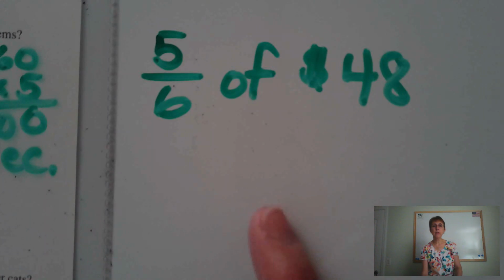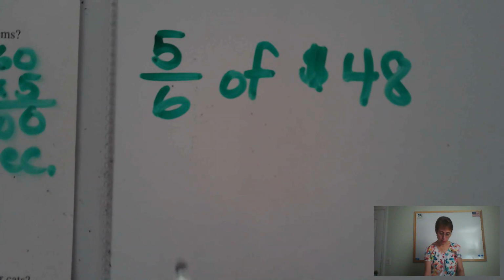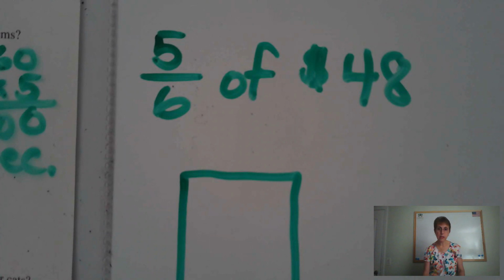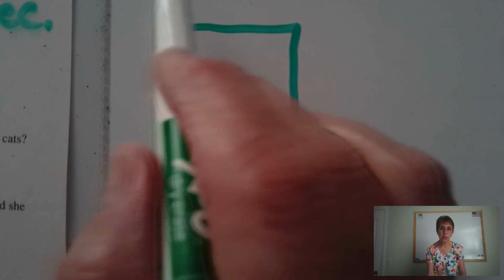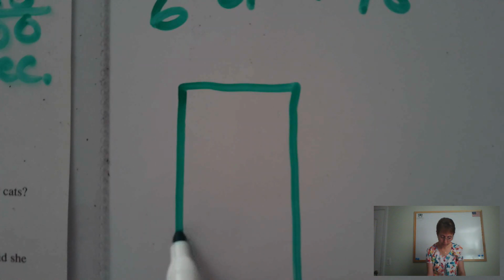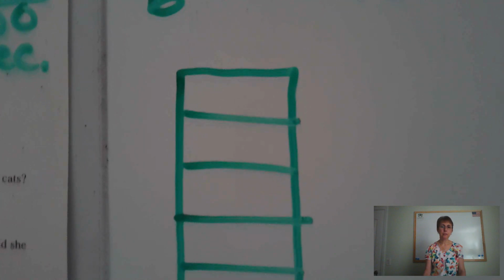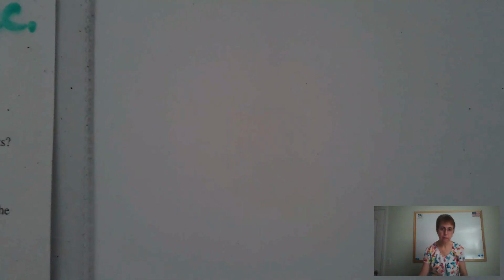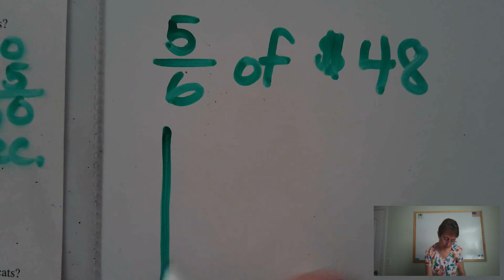So he saved 5/6 of $48. Well, how do we figure out what that is? Remember, fraction of a group, you draw your rectangle, and in this case, it needs to be divided up into 6 equal parts. Let me make this a little bit smaller so you can see it. 5/6 of 48.